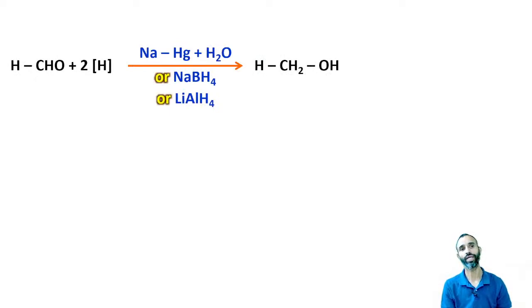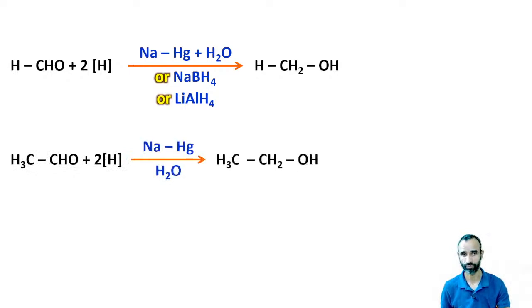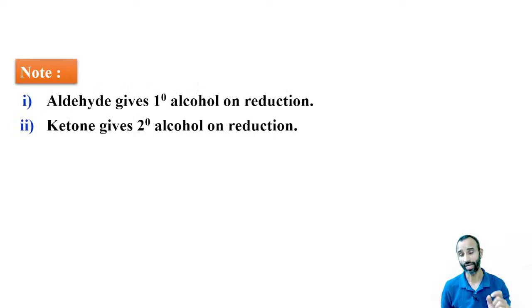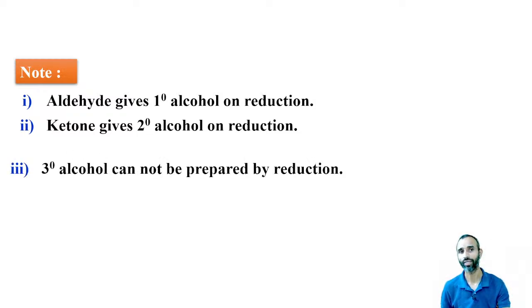Now, formaldehyde with sodium amalgam and H2O, sodium borohydride or lithium aluminum hydride, there is formation of primary alcohol. In all the cases, you can see we get the same products. So aldehydes give primary alcohol, ketones give secondary alcohol, and tertiary alcohol we cannot prepare by this method.